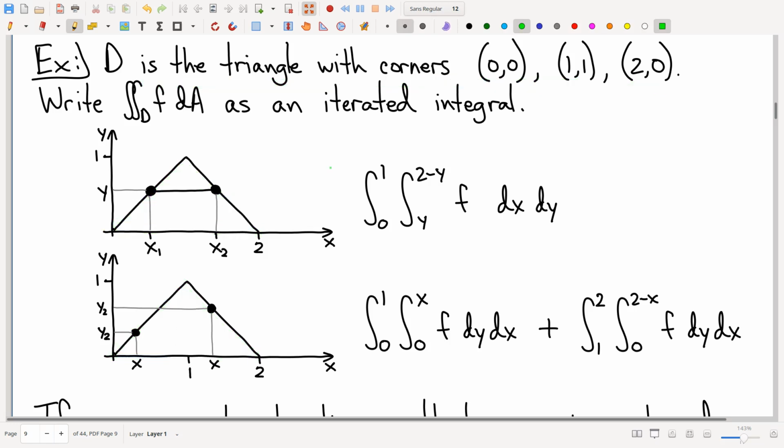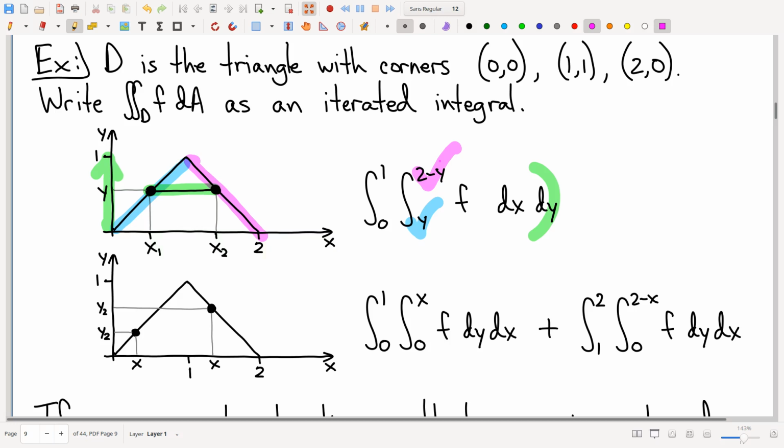Broad strokes, with details for you to check on your own: with y going from 0 to 1 and looking at the y slices, my lower bound comes from this curve, and my upper bound comes from that curve. And those are easy curves. Cool, no problem, reasonable result, not scared of it.